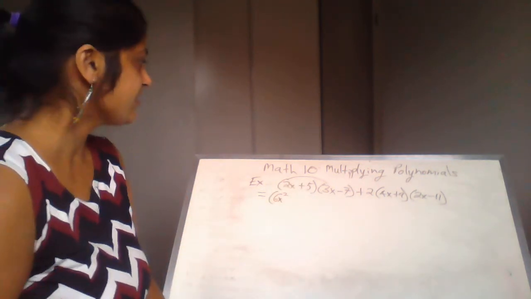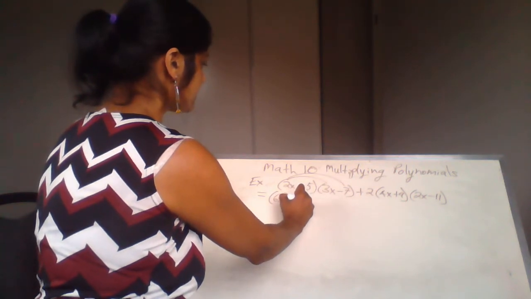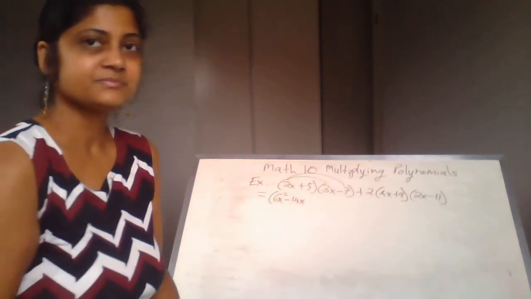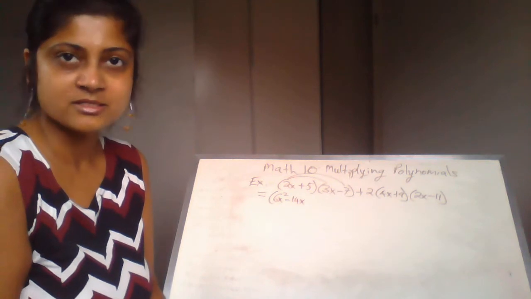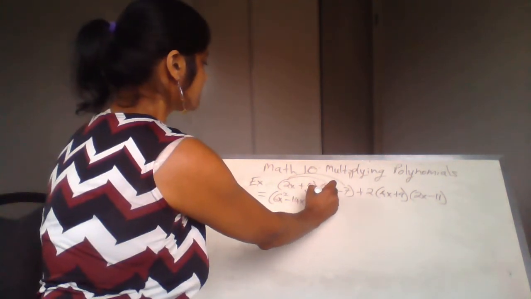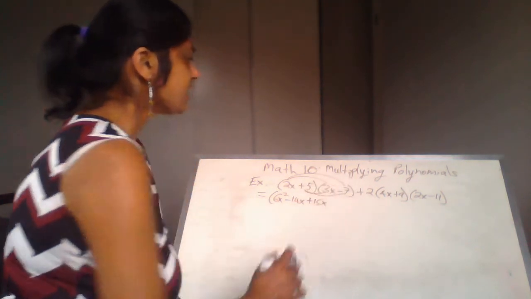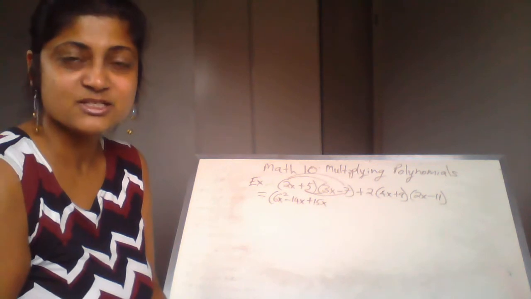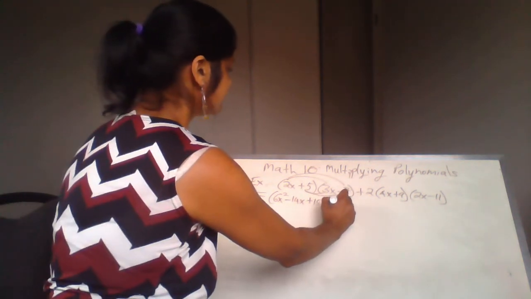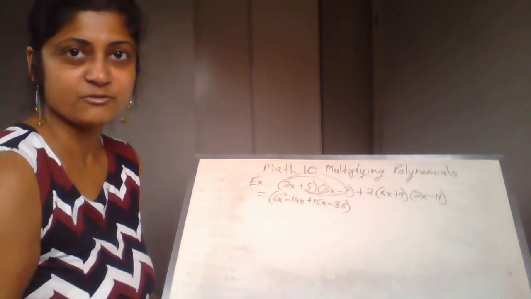And then 2x times negative 7, negative 14x. I'm going to make the lines just to show you what we are multiplying here. We'll do 5 times 3, so plus 15x. And then 5 times negative 7, so negative 35. As you can see, I am done with the first bracket here.